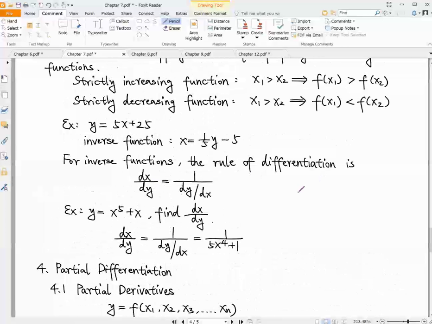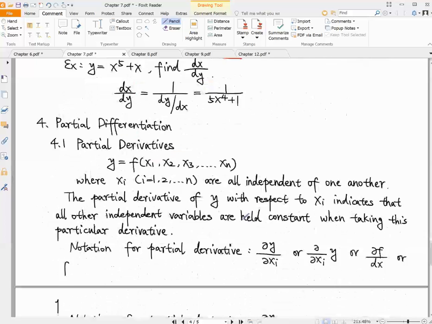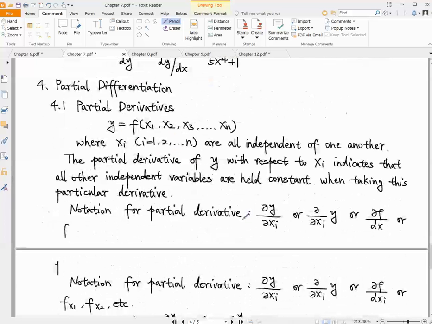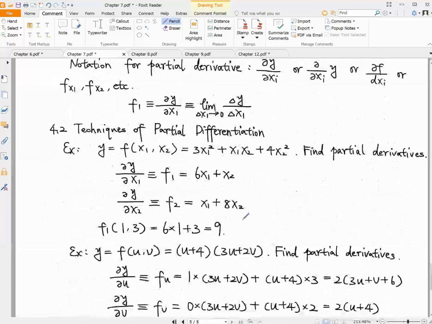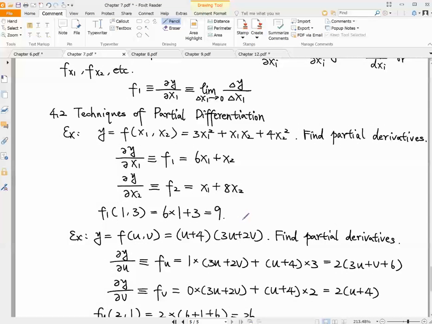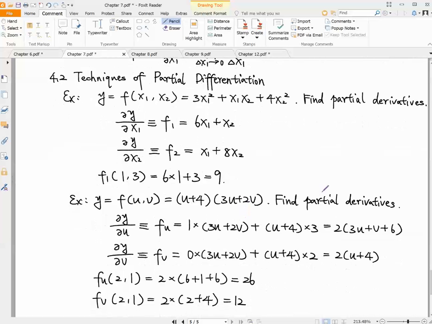The inverse function is just everything about this formula, right? Okay, and partial differentiation is also important. You need to know how to calculate partial differentiation. The rule is that when you calculate, for example, partial y over partial x1, you consider all the other variables to be constants, right?